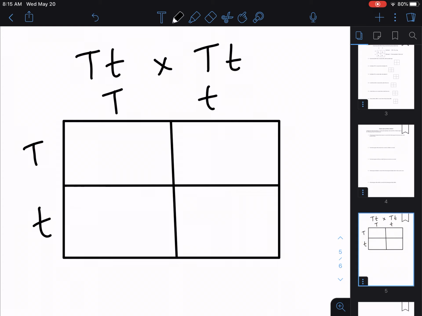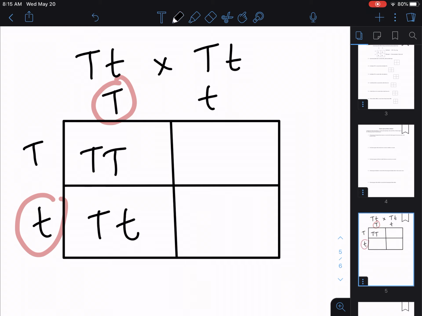Okay? So now you do this, and I'm going to take all that stuff out because it makes it look yucky. You do this by multiplying T times T, which will give us big T, big T. Now we're going to do big T times little t. And that's going to give us big T, little t.